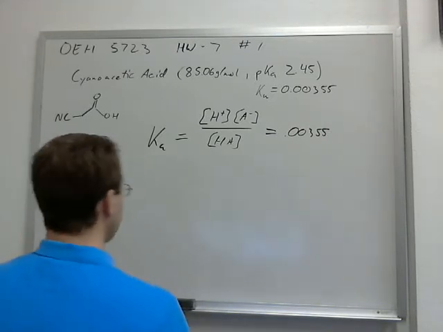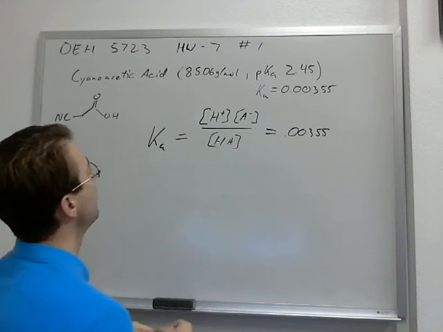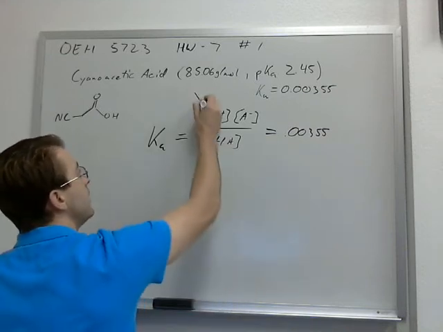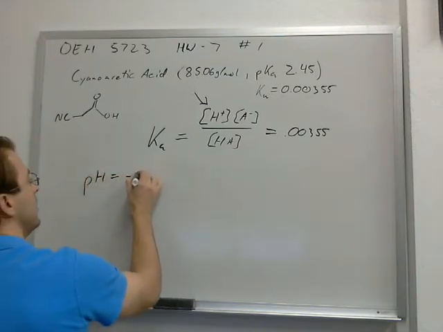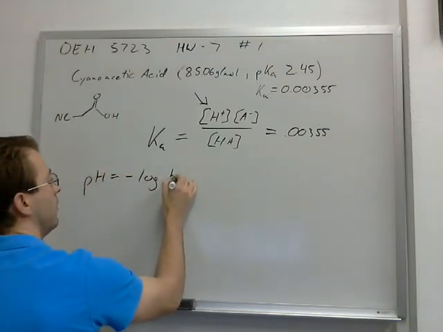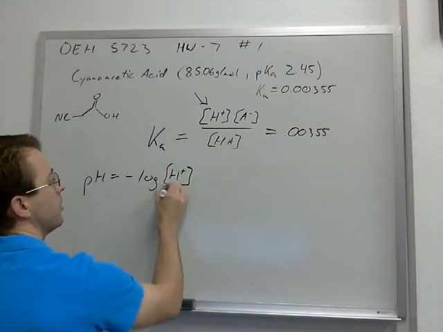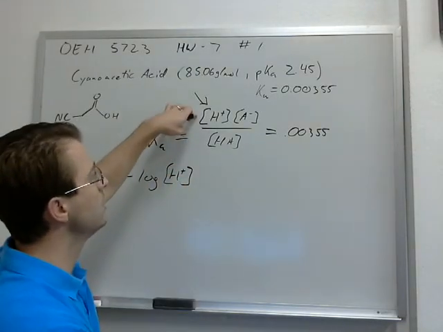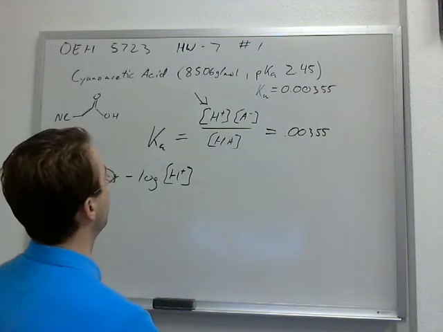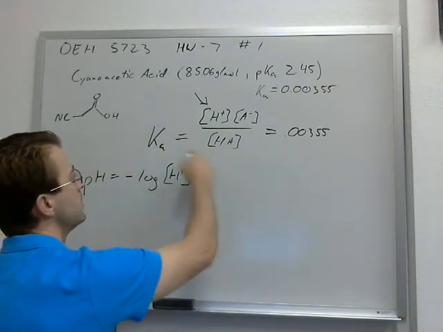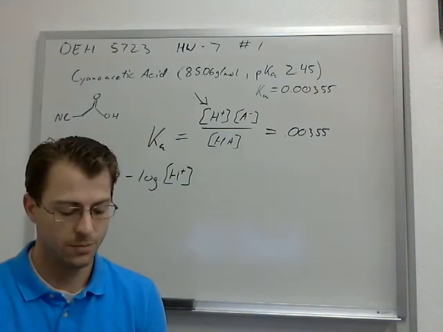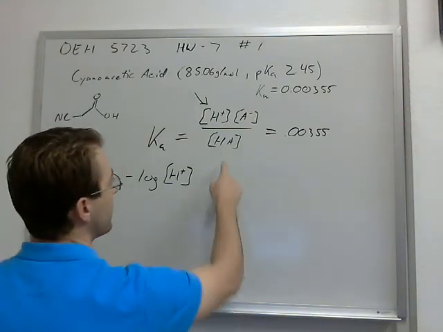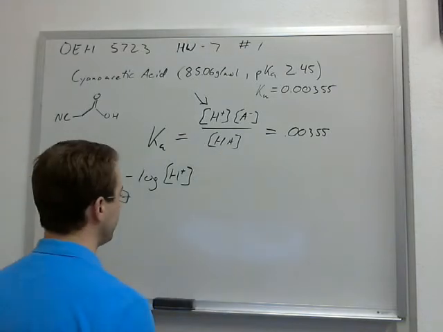Alright, so in this problem, we want to know what is the pH. So of course pH is the negative log of the hydrogen ion concentration. So we want to know this, and we're told that we have a 5% solution. So we have to calculate this concentration.